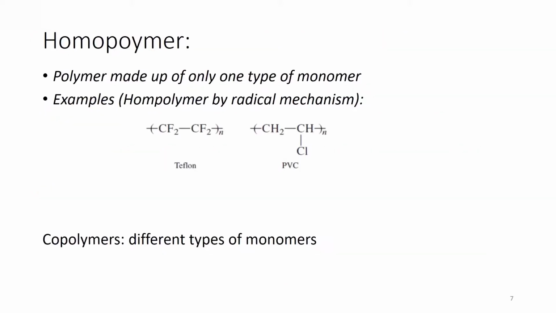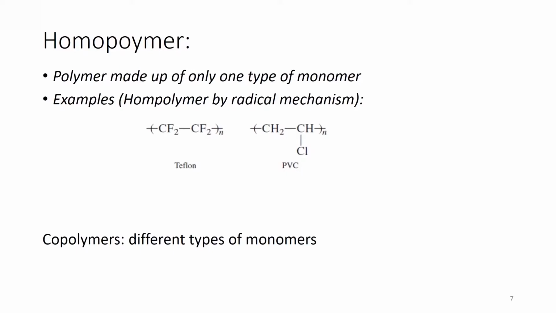Now, homopolymers, this is another way of classifying polymers. We can classify them according to the different types of monomers used in the polymerization. If I have the same type of monomers coming together, this means I have what we call homopolymers.